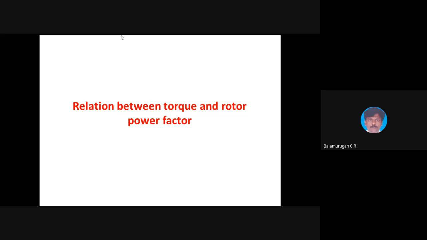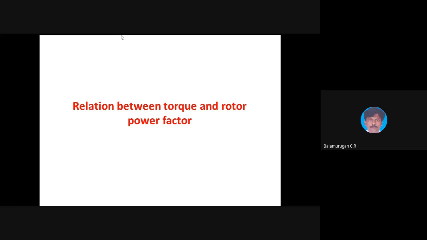What is the difference between standstill and running condition with respect to an induction motor? Which parameter will come into the equation during running condition and standstill? What does standstill mean? The motor is not started. It is in idle condition.